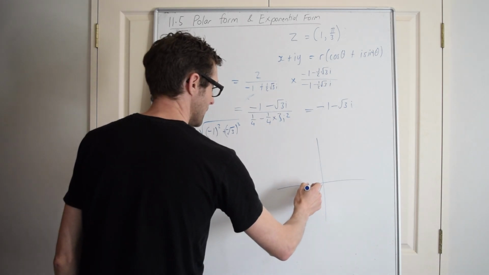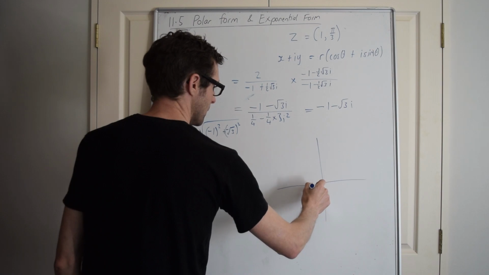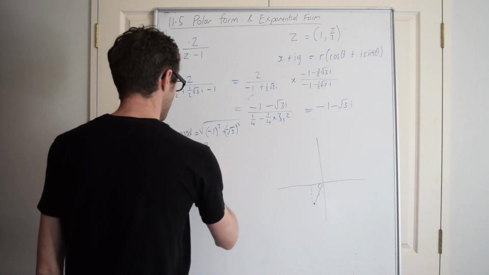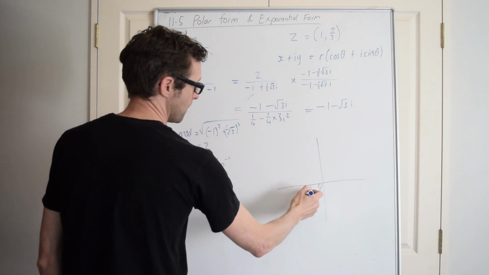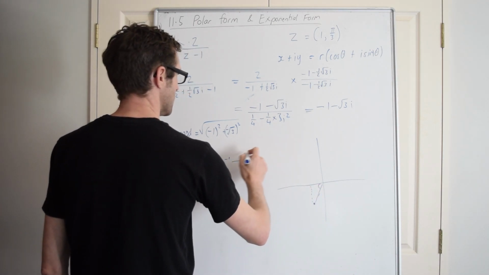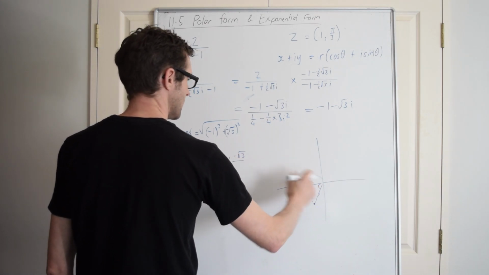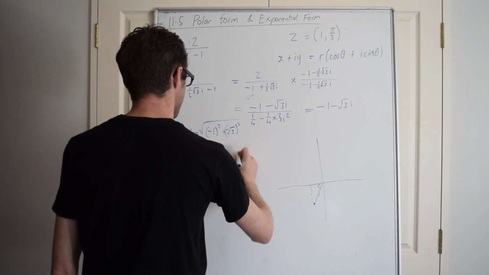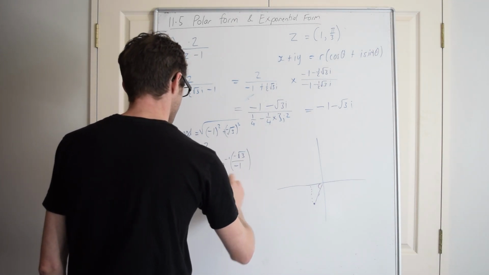If we have a triangle here, let's say we want to find this theta here. Theta equals the inverse tan of the opposite, which is the down, so it's minus square root 3, over the adjacent, which is minus 1. Now if you pop that into your calculator, you're going to get pi over 3.